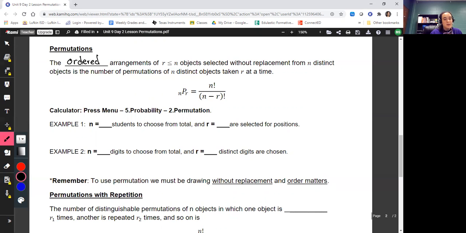Now, it is the same thing as what we've been working on. So if I have 10 students to choose from, and I'm choosing 4 of them, I'm going to have 4 spots. We can't replace them, so we'd have 10 times 9 times 8 times 7.